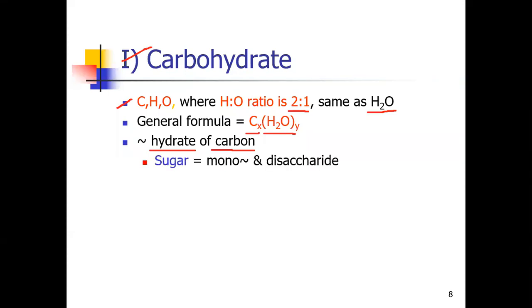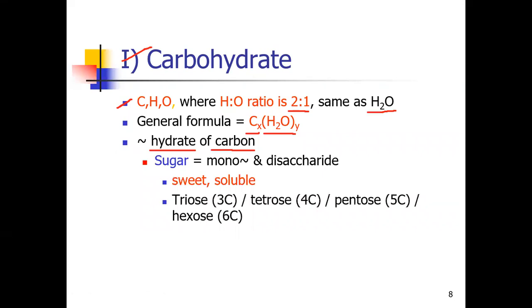So let us look at sugar. Under carbohydrate, we've got sugar. Sugars are either monosaccharides or disaccharides. That means you've got either one sugar unit or 2 sugar units. Sacchar stands for sugar, right? All sugars are sweet and soluble.